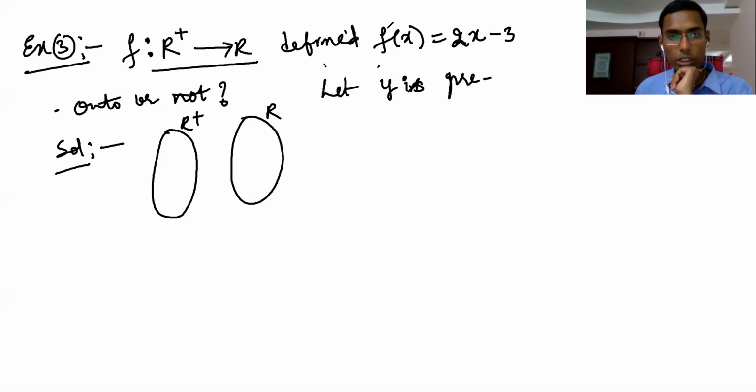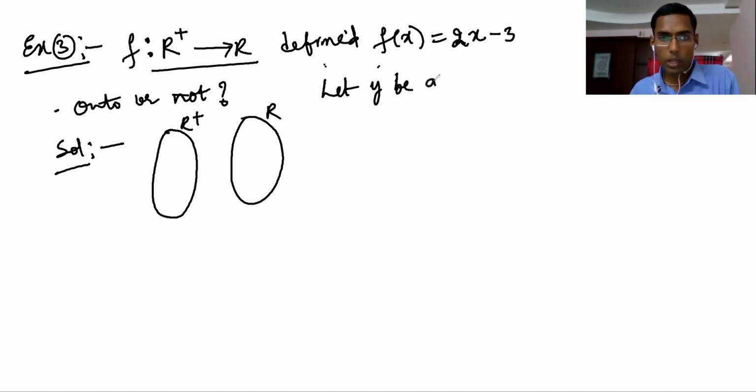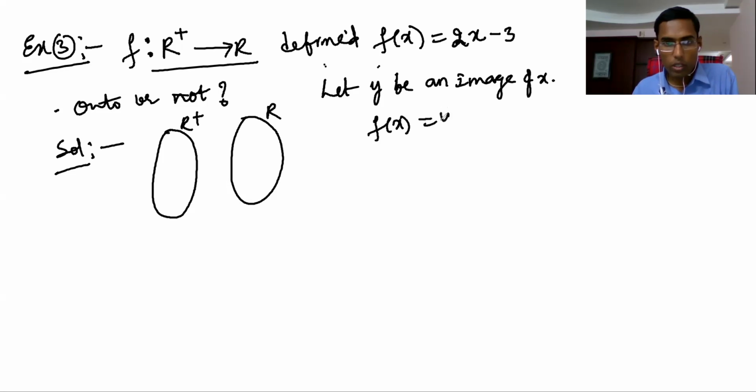Okay, now let y be the image of x. Sorry, not pre-image here, y is the image. So the image of x is y, that means f of x equals y.